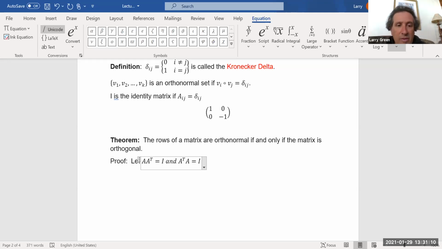So let's say we start out with an orthogonal matrix, right? Well, what can we do to both sides of these equations?